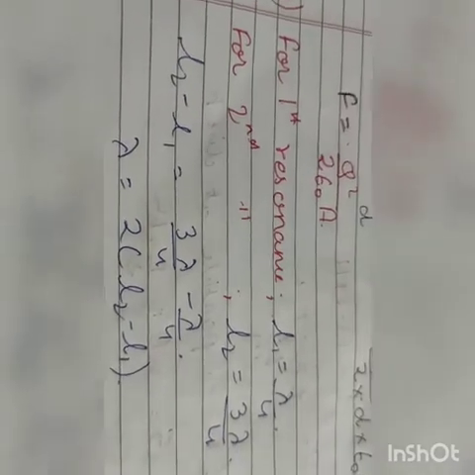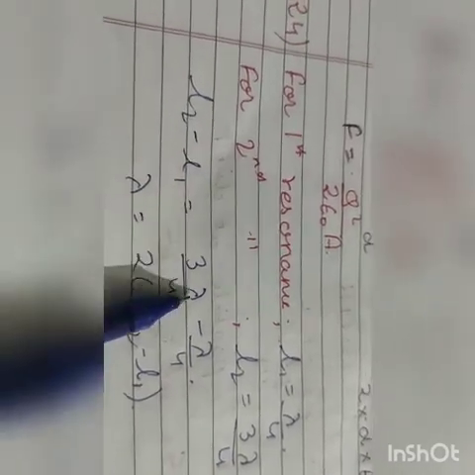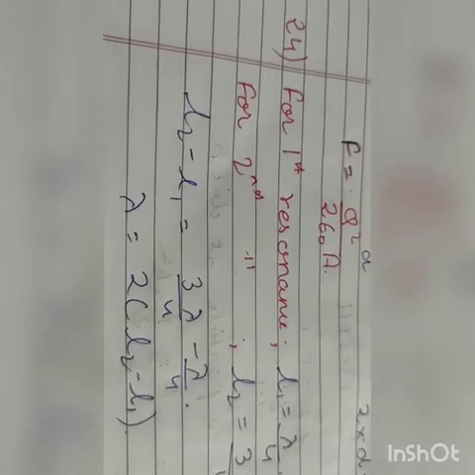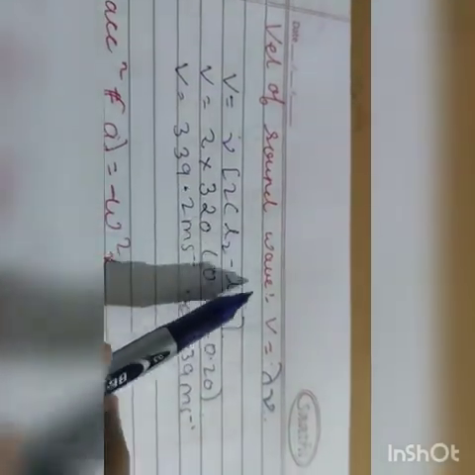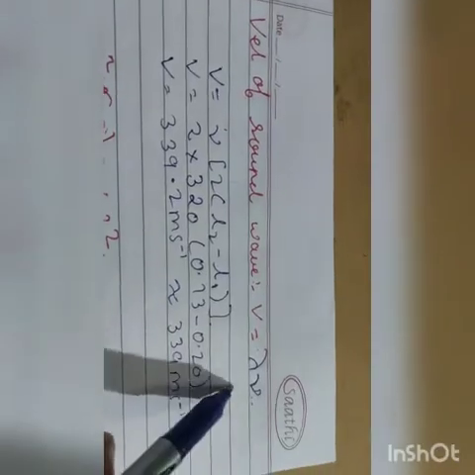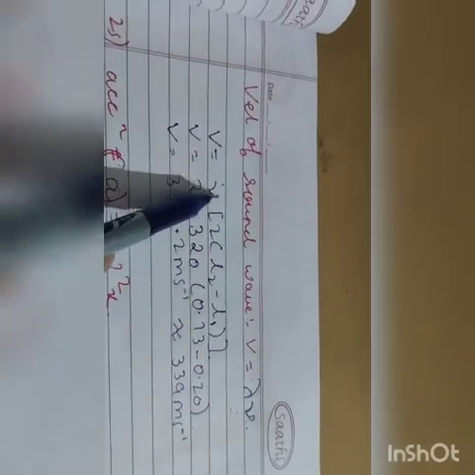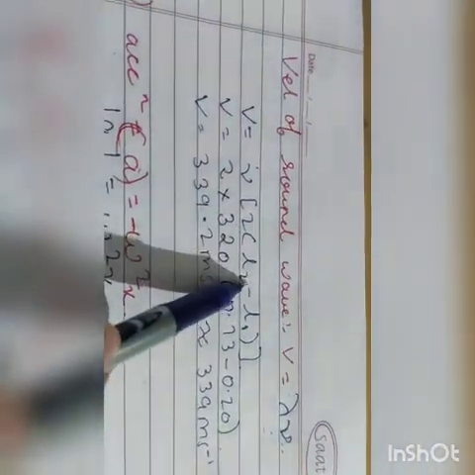So here L2 minus L1 is equal to 3 lambda by 4 minus lambda by 4. That comes out to be lambda is equal to 2 into (L2 minus L1). We have to find the velocity of the sound wave. We know that velocity is equal to wavelength into frequency. So here V is equal to nu into 2 (L2 minus L1).